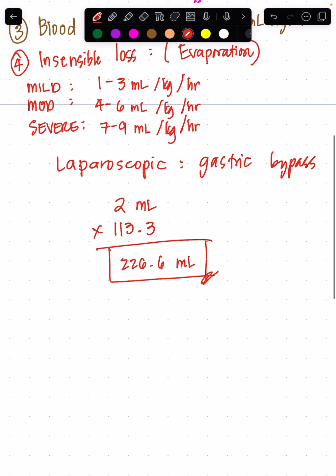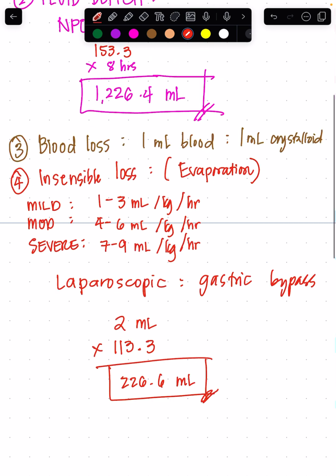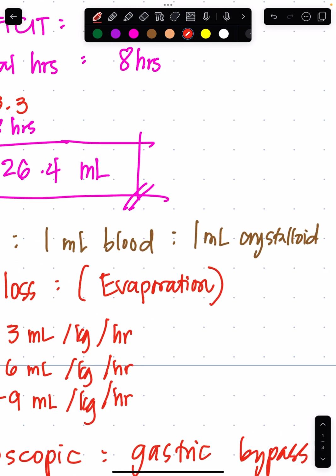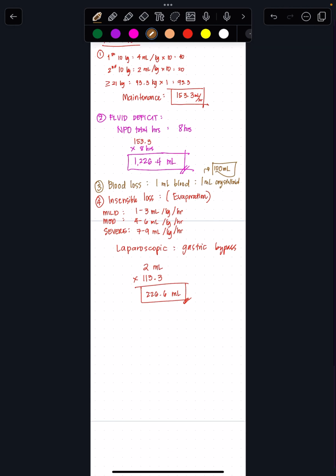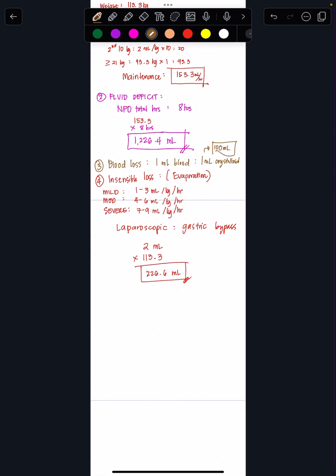And then our estimated blood loss for a laparoscopic gastric bypass can be perhaps 100 or even 50 ml. Let's just put 100 ml blood loss estimate.